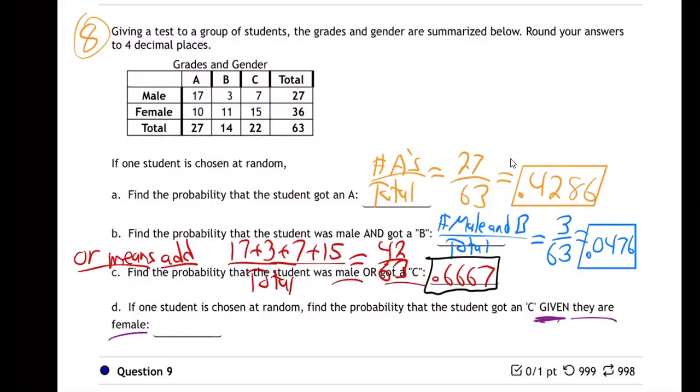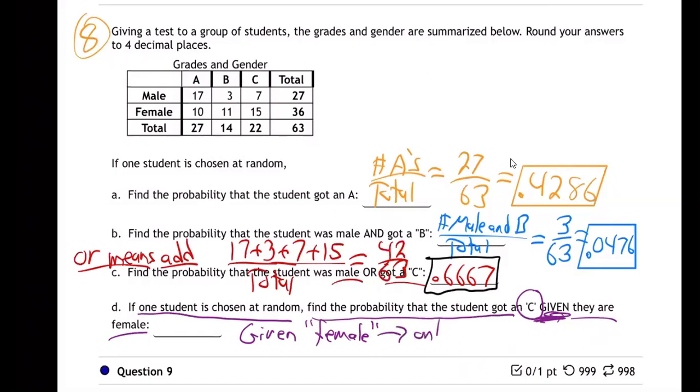So whenever you're given something, like in this case, given that they're a female, what that means is you only consider females.